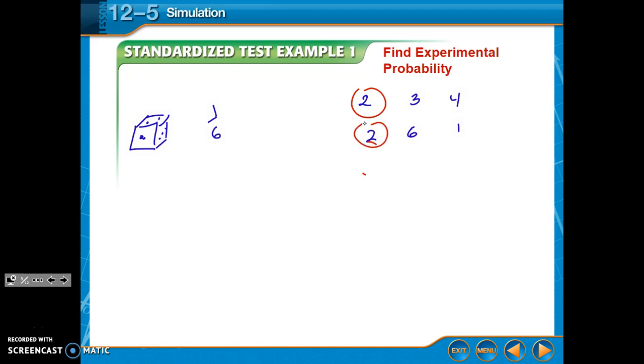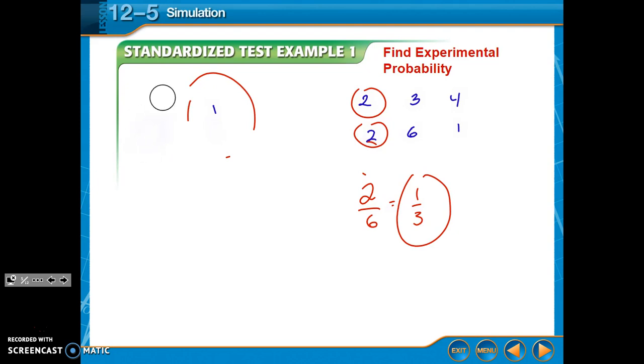So 2 out of 6 times, you got a 2, which would be 1/3. So your experimental probability would be 1/3, whereas your theoretical was 1/6. So there could be a difference, okay? Today we're focusing more on experimental probability, but it's important that you know both of them, okay?